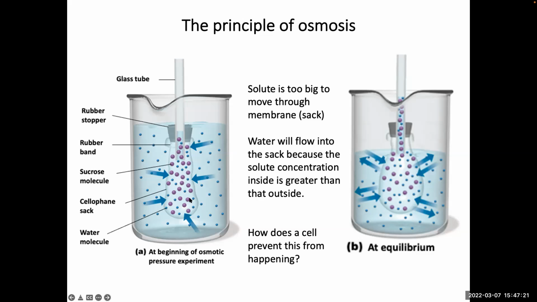And that's why water is going to rush in. A cell can prevent this from happening in two ways. It could have a rigid cell wall that only allows a little bit of water to flow in, or it could have a membrane that is non-permeable and controls the amount of flow. Okay.